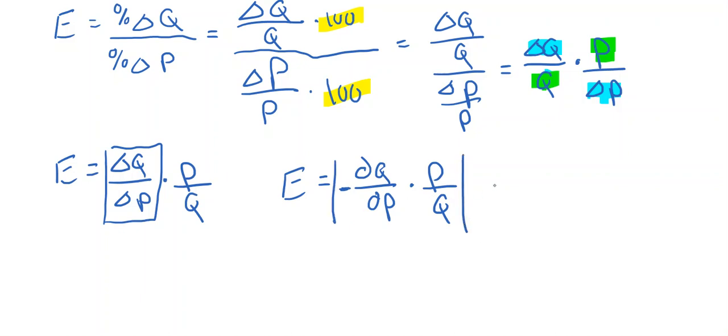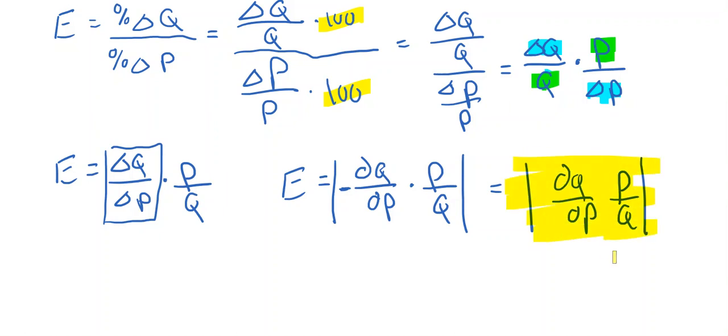And if we take the absolute value, then what we end up with is simply the absolute value of dq dp times p over q. And that is our formula for elasticity that we are going to be using for the homework in this particular section.